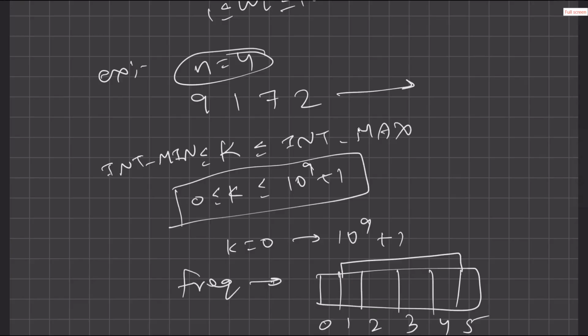If we consider this example with k equals 1, I compare the first element, which is 9. 9 is greater than k, and k is 1 here, so 9 needs to shift to the next position.